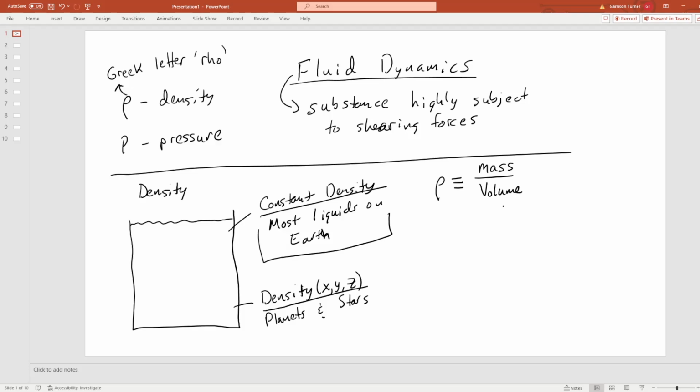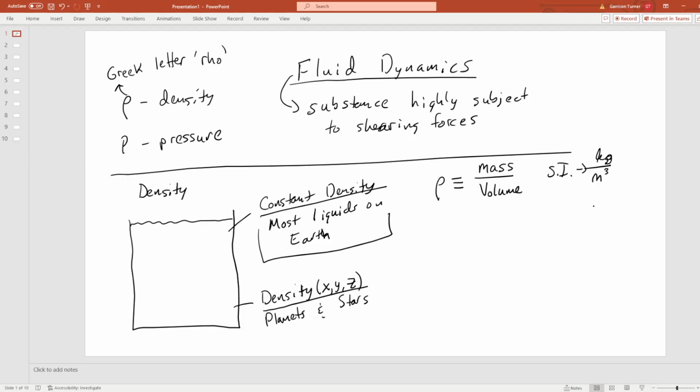Okay, that's the fundamental idea behind density, mass per unit volume. So in SI units, this is going to be kilograms per volume, which is going to be cubic meters. Okay, kilograms per cubic meter. So those are the units.